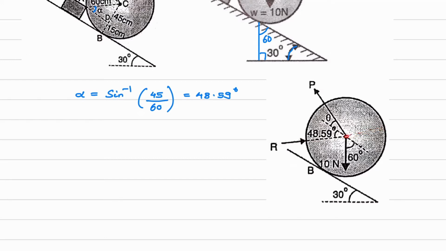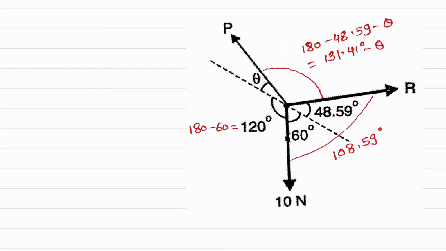Now the angle of the reaction, this is the reaction. What will be this angle? This will be the alternate angle. Okay, so this will be 48.59 degree. This part is the alternate angle. So I'll show you the next diagram now. If you see this diagram, this is the inclined line, and this line's inclination with respect to horizontal is 30 degree.